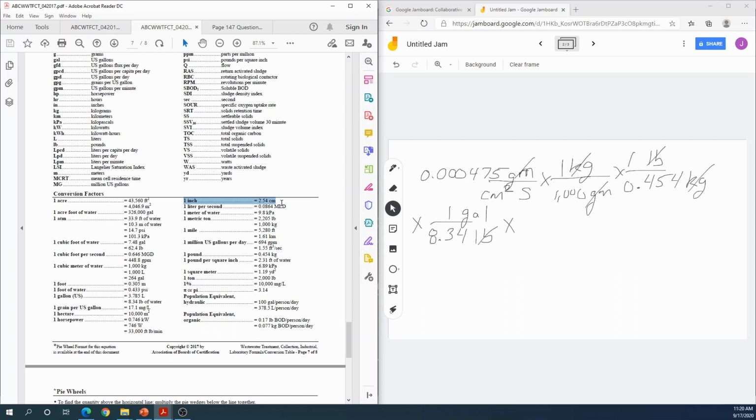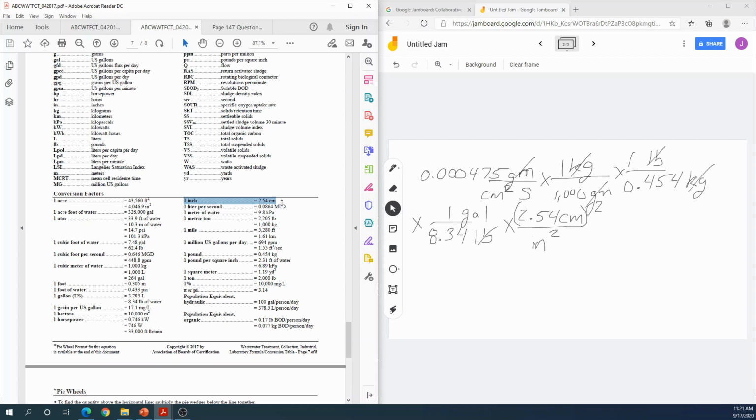But we have centimeters squared, so we're going to square this. So we have 2.54 centimeters squared per inches squared.